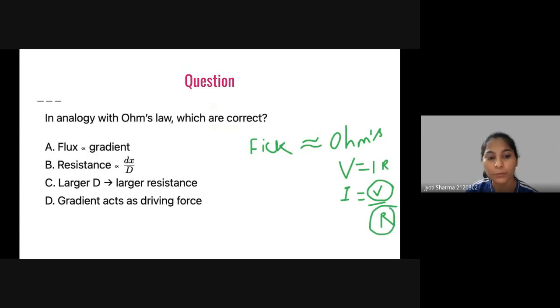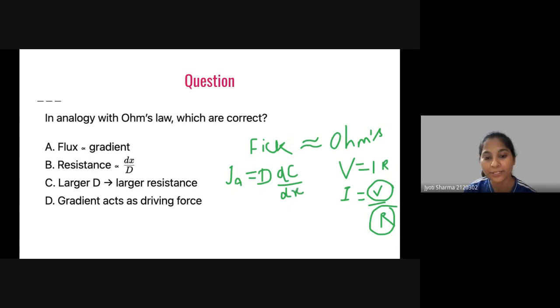Now, what we learned is that we have JA, and this JA is equal to the diffusion coefficient times dc by dx.